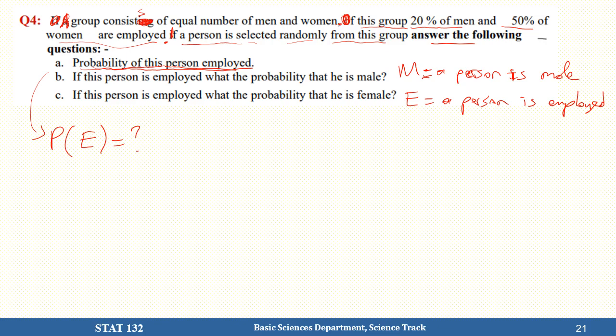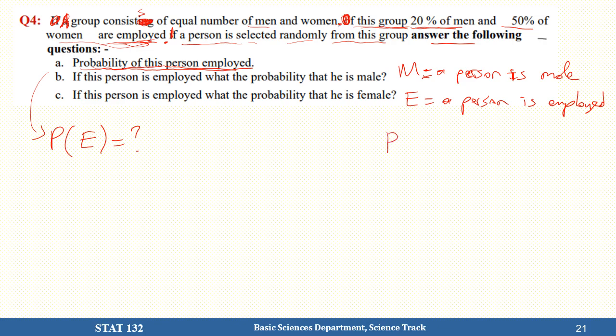Now, let's read the question, and see if something is given about the employment. So it says, of this group, 20% of men and 50% of women are employed. Okay, but it doesn't show directly what percentage of the group is employed. It doesn't say. But okay, let's put the pieces together.